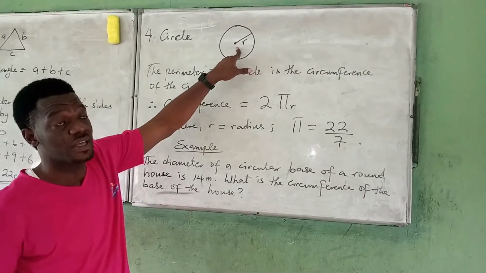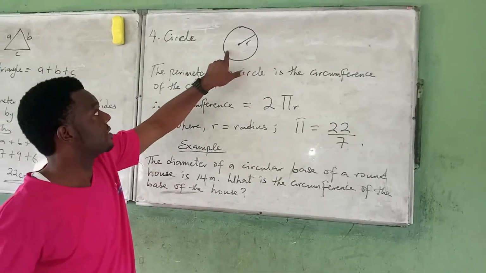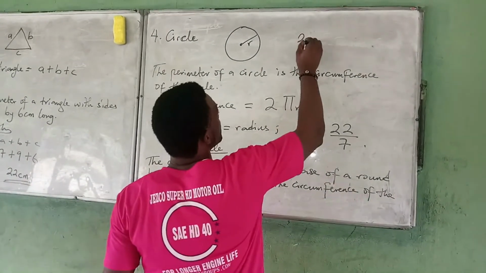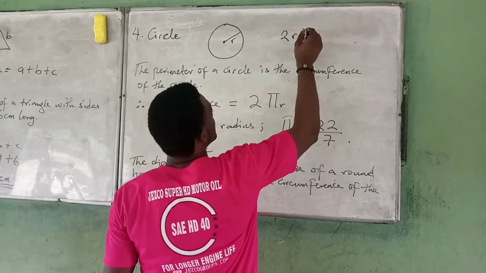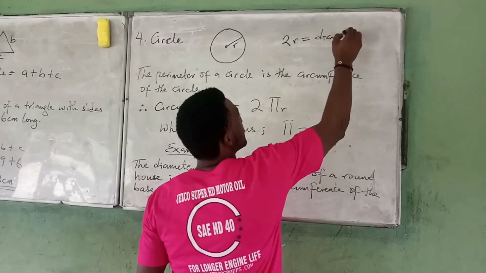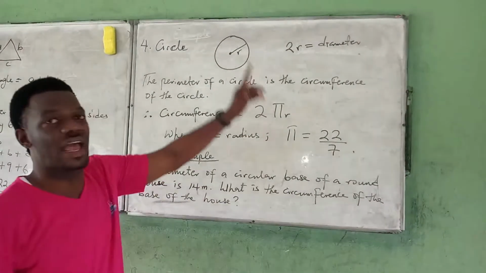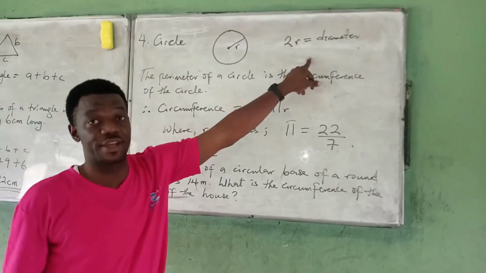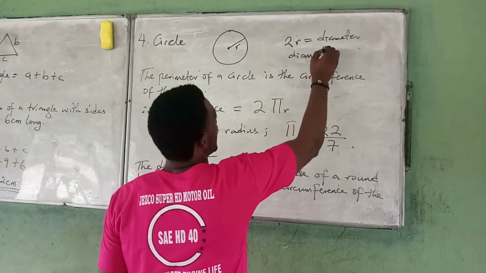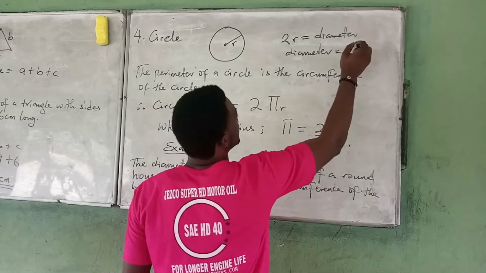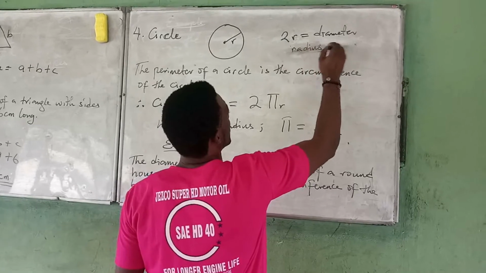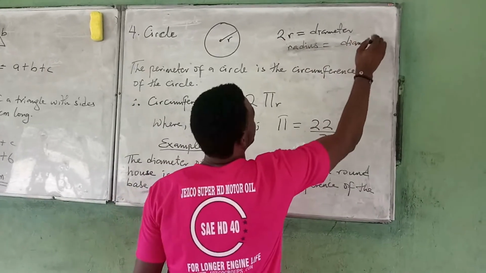And the diameter is 2 times the radius. So always remember that 2r is equal to d, which is the diameter. So if you want to get the diameter, you multiply the radius by 2, you get the diameter. And if you want to get the radius from the diameter, the radius will be equal to the diameter divided by 2.